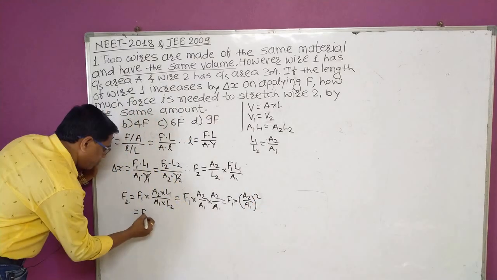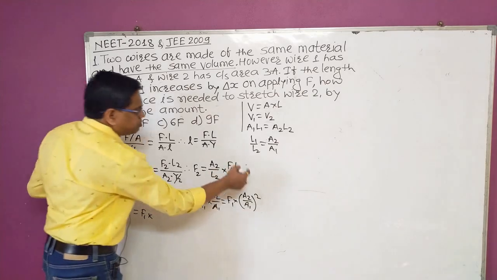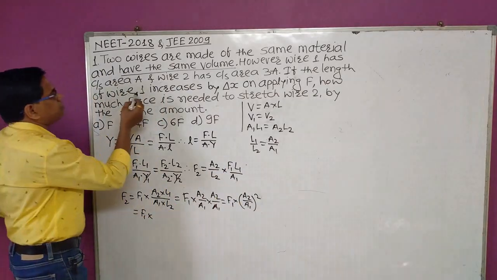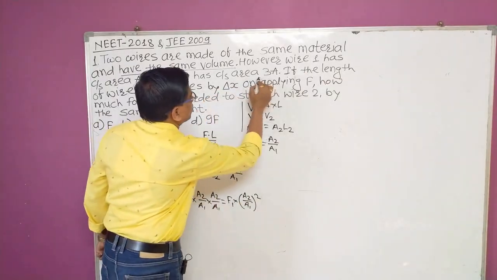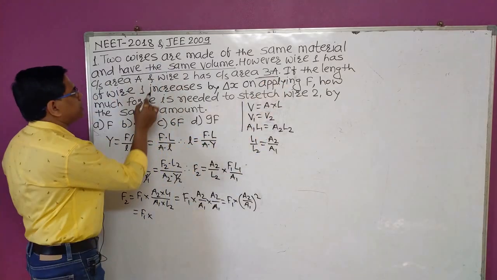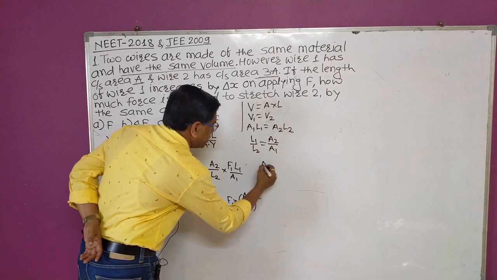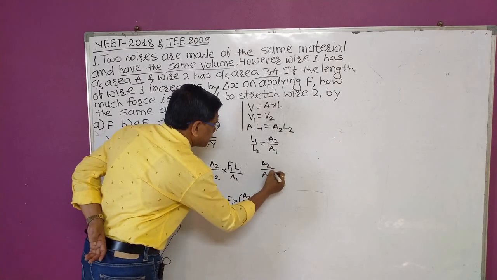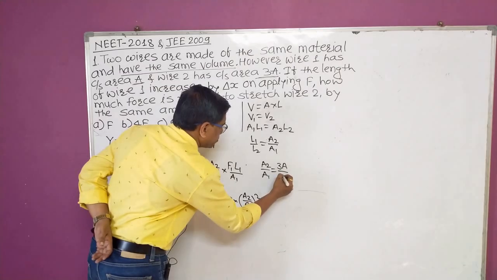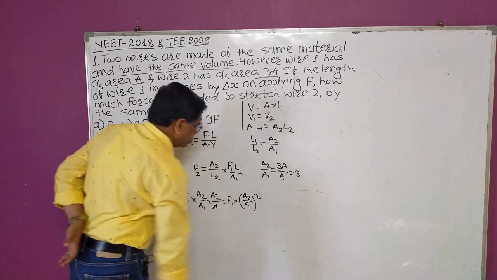So now the relation between A2 and A1 is given. It is given that the cross-sectional area of wire 2 is 3A and of wire 1 is A. So we get A2 by A1 is equal to 3A by A, that is equal to 3.